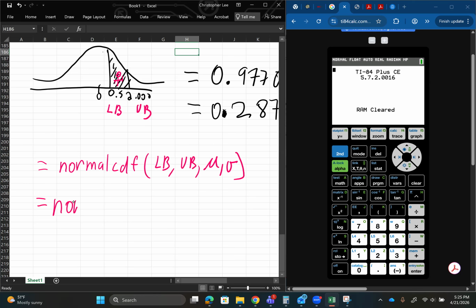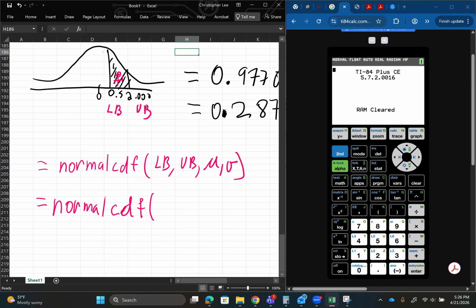It depends on whether it's less than, equal, or greater than. If the 1E99 is in the upper bound, that's the question that's greater than.